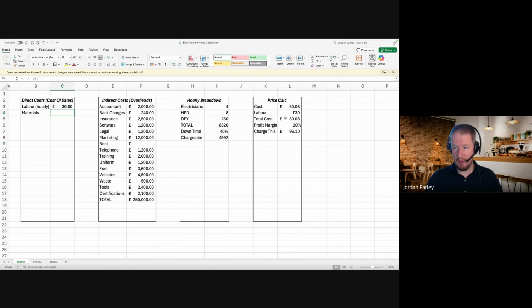Now, with materials, that's the other thing that you've got to think about. Do you charge cost price or do you mark up your materials? A lot of people say, oh no, that's a bit cheeky, you can't mark up your materials. But it costs you a lot of time and energy to source your materials to work.